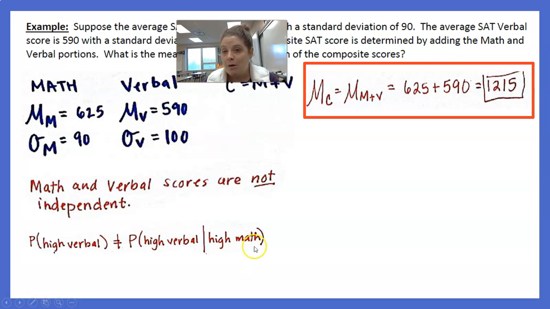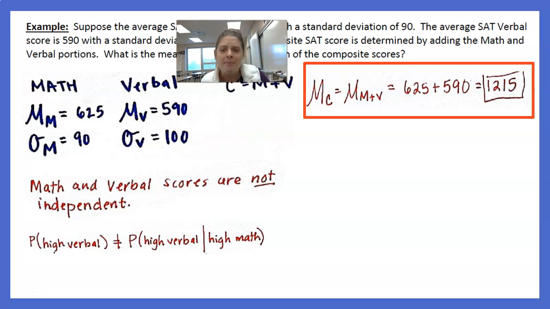I think it would probably be a higher probability of getting someone with a high verbal score if you're looking at the people who got high math scores than if you're talking about the chance of getting a high verbal score out of just anybody who took the test. Okay, so because those are not the same, we're also not talking about independence. So whether you think about it philosophically, that paired data are not independent, or you think about it in terms of probabilities, either way, these are not independent.